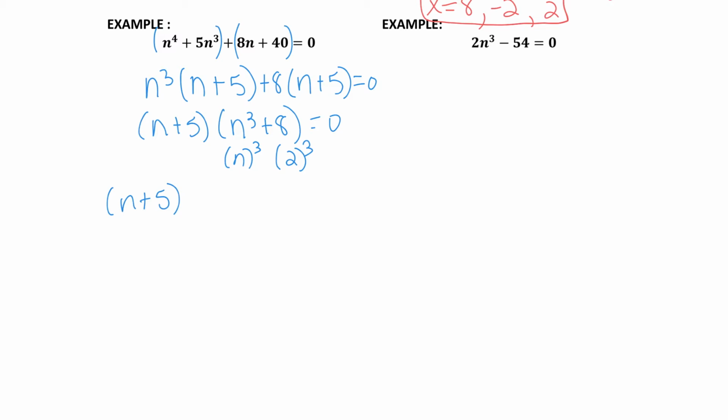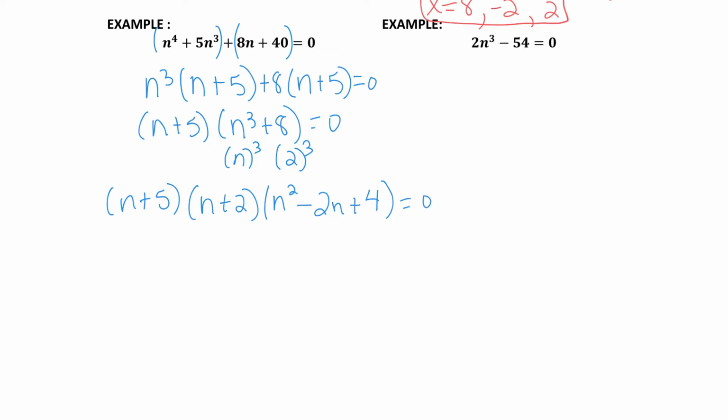You're going to take the a plus the b, so n plus 2, and then you're going to have a squared, which would be n squared. And then you're going to have a minus a times b, so that'd be 2n. And then you're going to have b squared, which is 2 squared, which is 4.